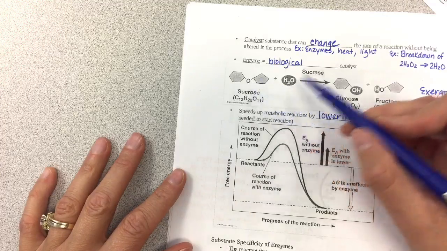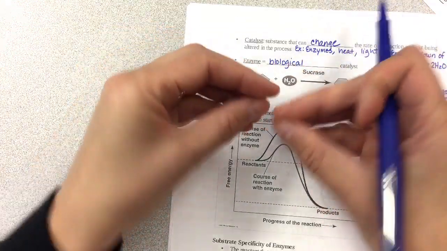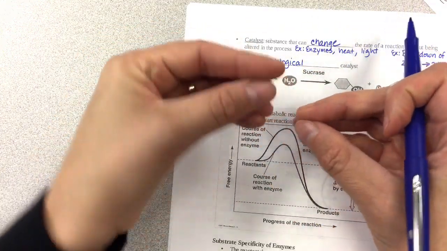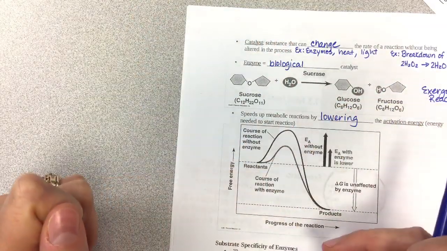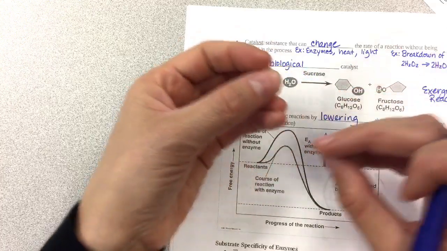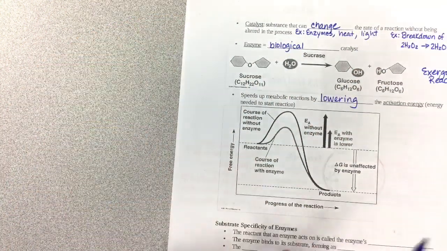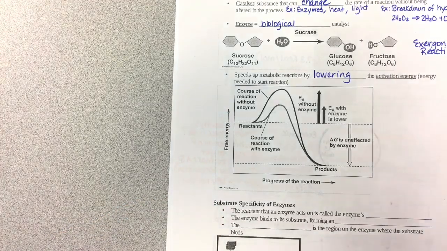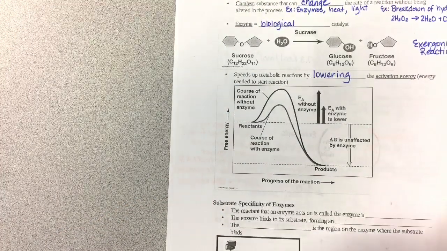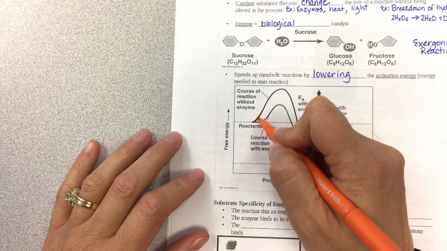Providing heat and light provides energy that puts stress on the bonds, making them more likely to break, so that sucrose can be converted to glucose and fructose. Enzymes can do that as well. So let's look at this particular graph here. Let's color code. We'll use orange here.